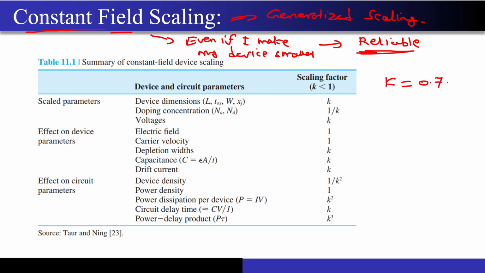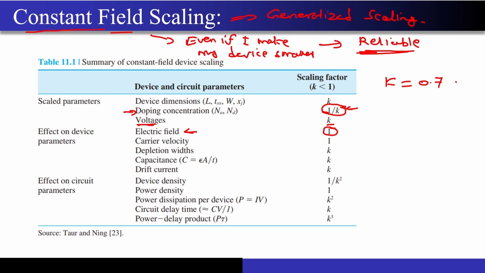K may be something like 0.7, and all the voltages also by the same factor k. Now there is one interesting thing, that the doping concentration has actually increased, and we will see the reason in the next slides why we have to increase the doping concentration. As you can see, the electric field has been maintained constant. It is as it is.